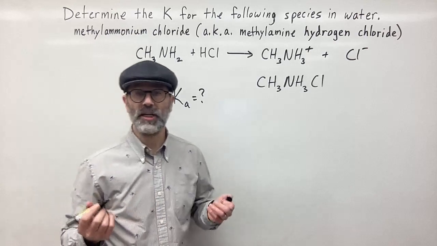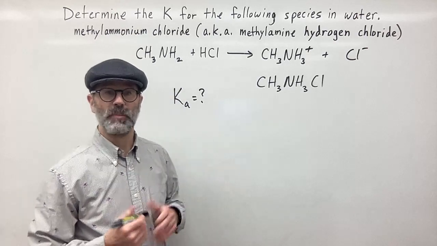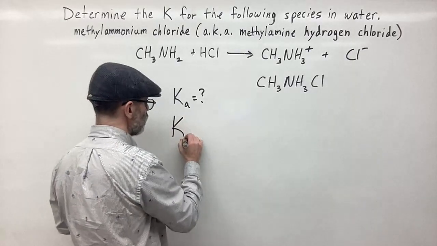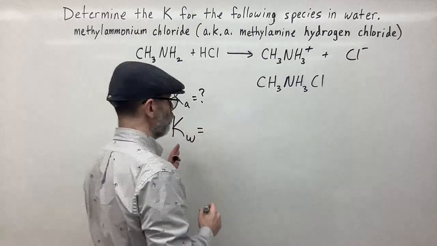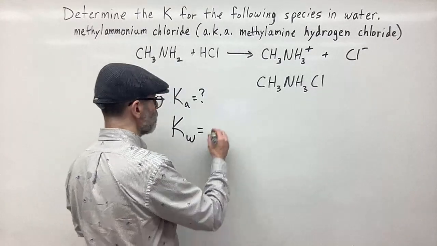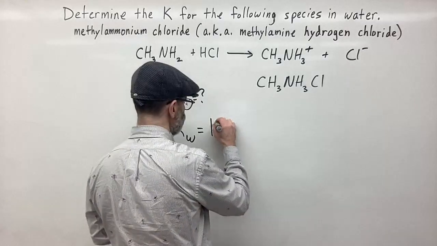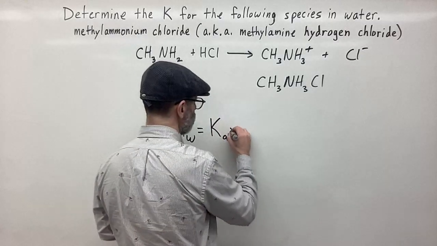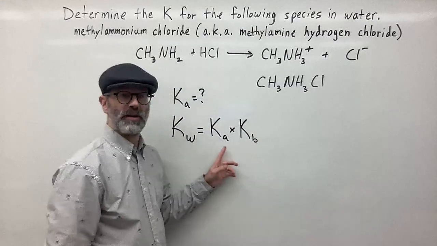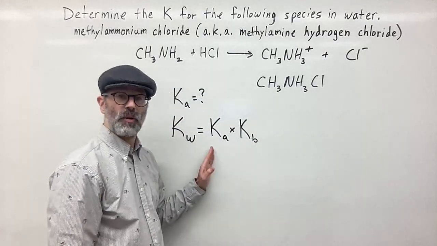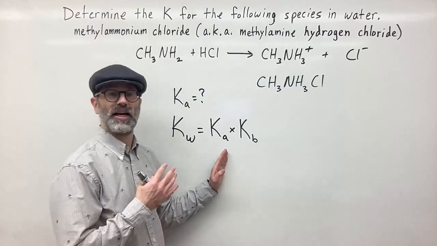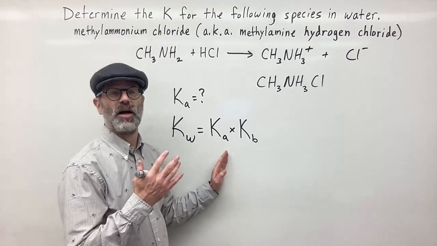Well, the first thing we can do is find the Kb. Why? Because we have a nice equation that's going to be very important to know. That is the Kw, which is the equilibrium constant for the autoionization of water. And that's going to be equal to the Ka multiplied by the Kb. The Ka and Kb are related to each other according to the acid conjugate base pair.